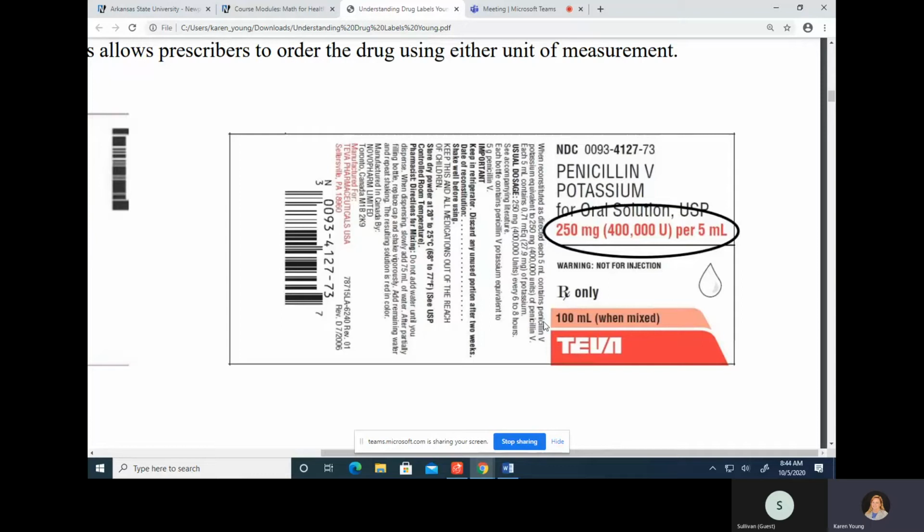Each 5 milliliters contains the penicillin V potassium, equivalent to 250 milligrams of penicillin. So it's 250 milligrams per 5 milliliters is what we're told here. The Teva is your manufacturer.